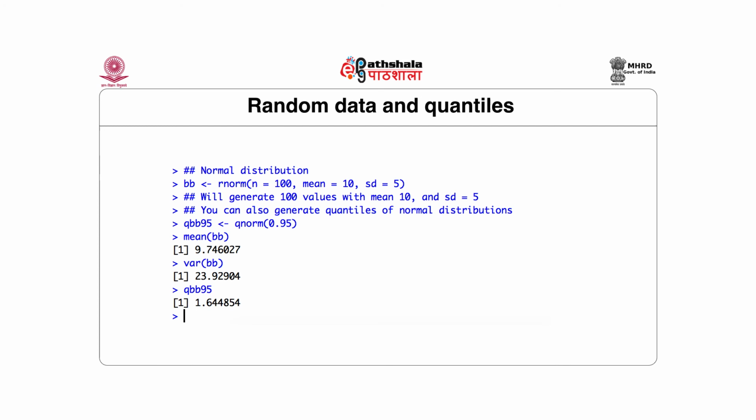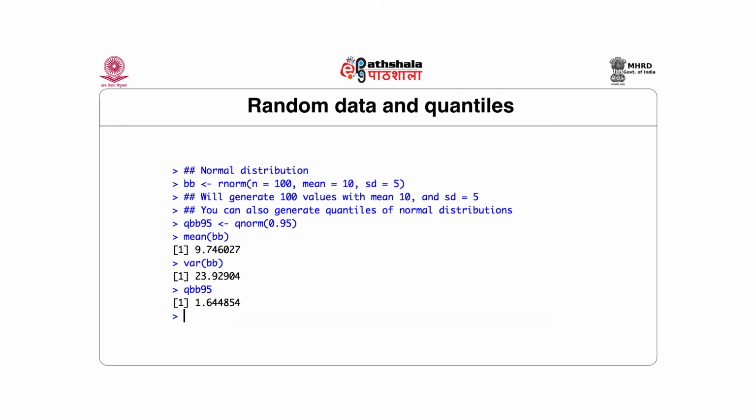So here, what we have done is we are going to generate a random sequence of numbers which follow a normal distribution. We are going to again generate about 100 data points that will follow a normal distribution pattern with a mean of 10 and a standard deviation of 5. The best way to do this is to use the rnorm function. So norm, of course, is the normal distribution.